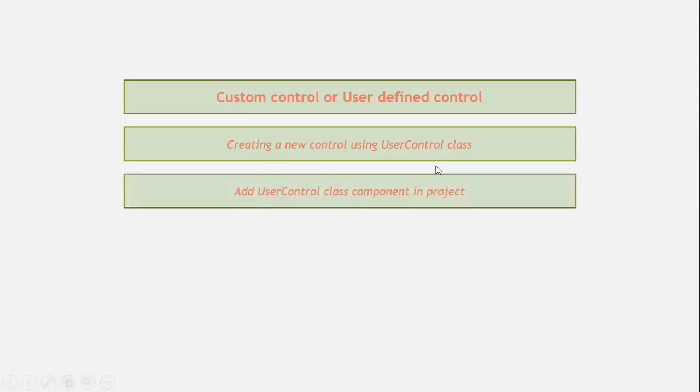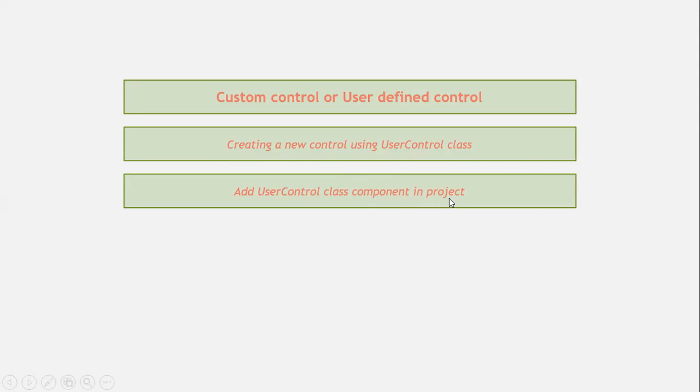We are now stating the concept of creating a control with the help of a user control class, and that control can be added into the toolbox and used in the same project. So, add a user control class component to the project.